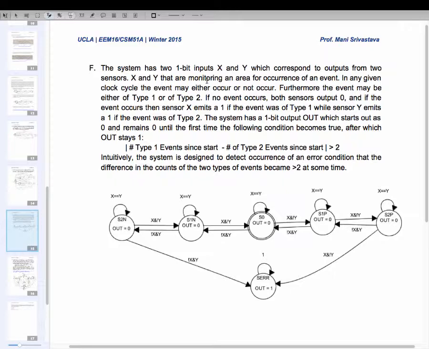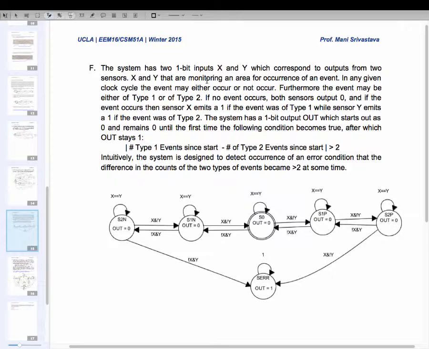So that's a don't care for us. What we want to do is make sure that the number of type 1 events since the system started and the number of type 2 events since the system started differ by 2 or less.